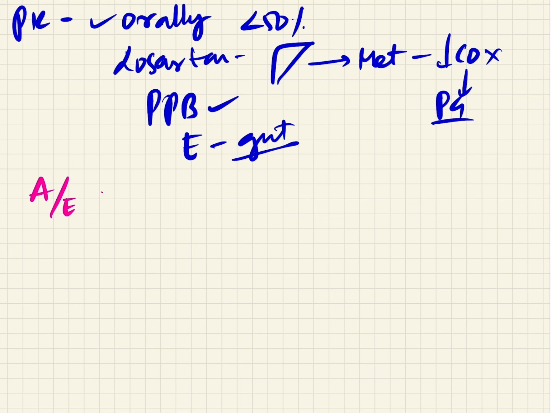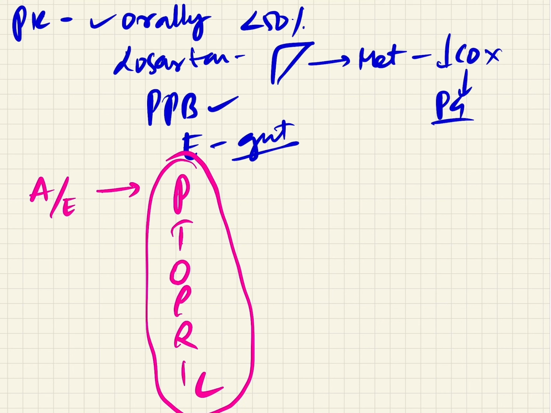If you have seen the previous video where we talked about the mnemonic captopril, except for the first two, CA, P, these are the side effects of the ARBs. Other than the first two, the rest of the things will be the same. That is, sorry, not even P, just topril.